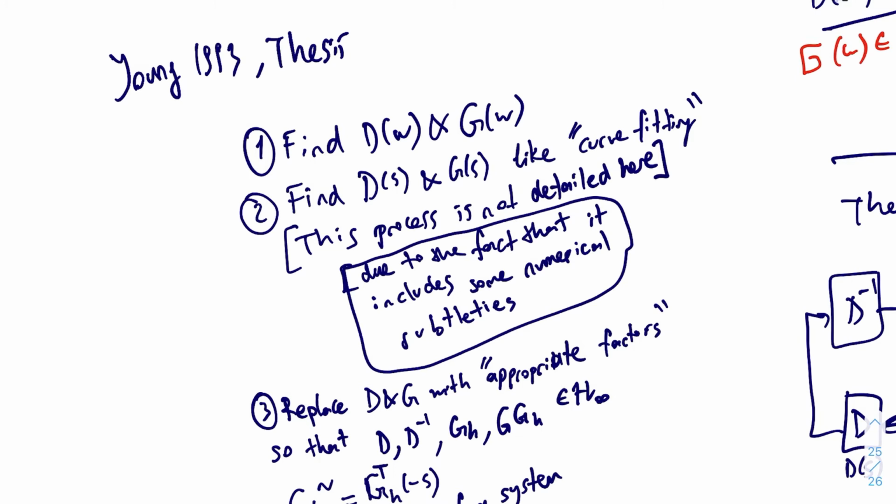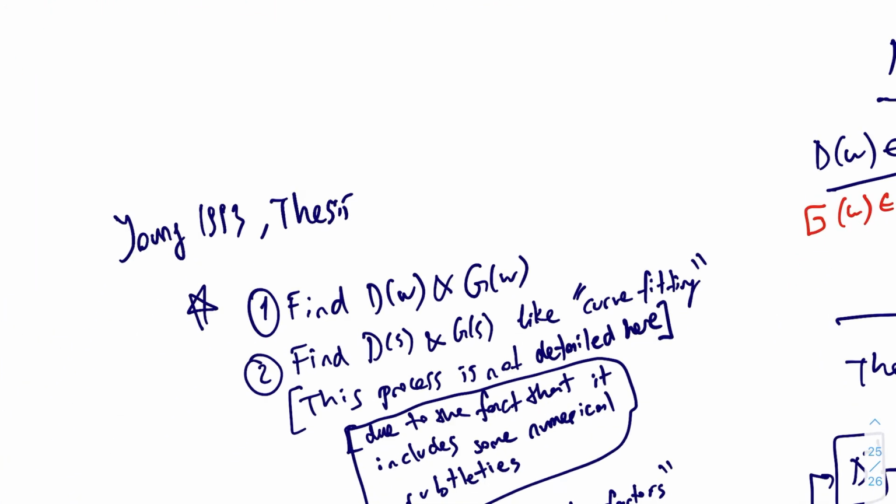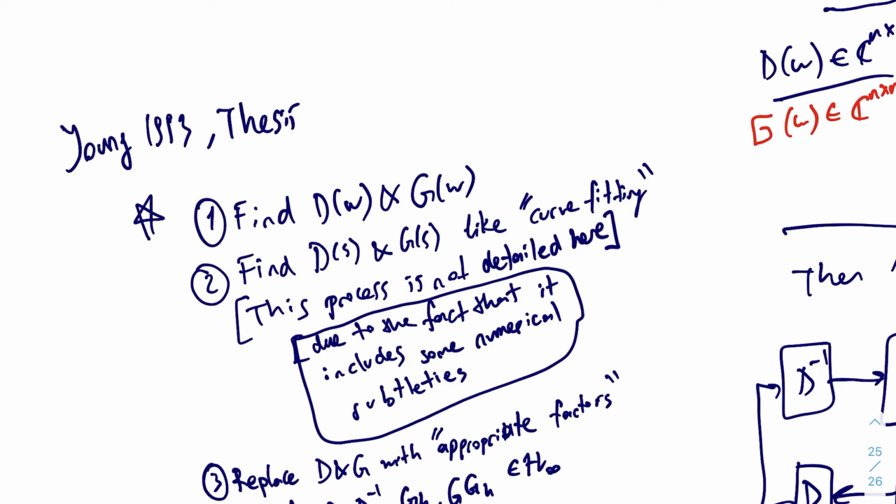I added that, and through that link you can download this PDF file from the Caltech library and look at the document. All right, so first, find D omega and G omega by solving iteratively for each omega, this given problem.